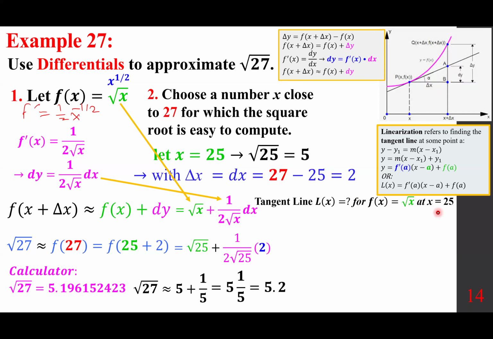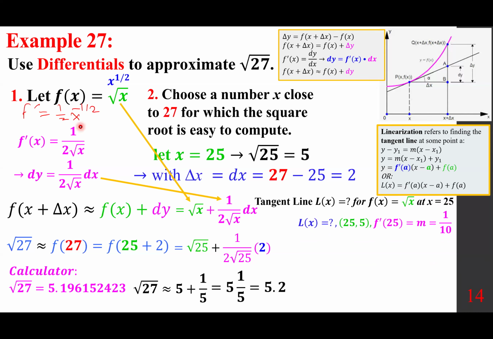That's the meaning of it. So we need a pair. A pair is simply 25, plug in 5, 25 comma 5, and we need the slope. To find the slope, we go with the derivative. If I plug in 25 here, I get 5 times 2 is 10, so 1 over 10. So now we are in business.